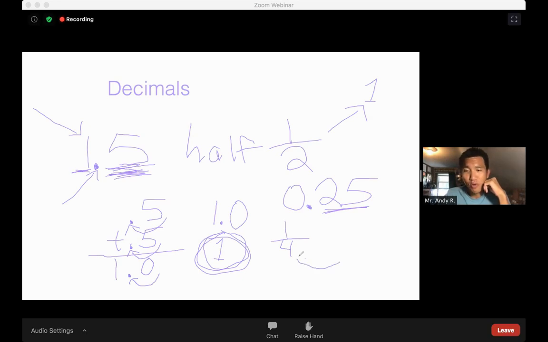So that's why 0.25 in fraction form means a quarter, or 1/4, because there are 4 quarters in $1. 0.25 just means one out of the 4.